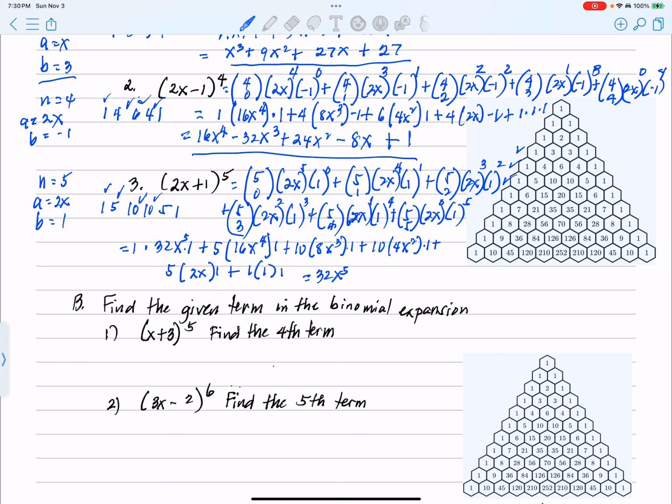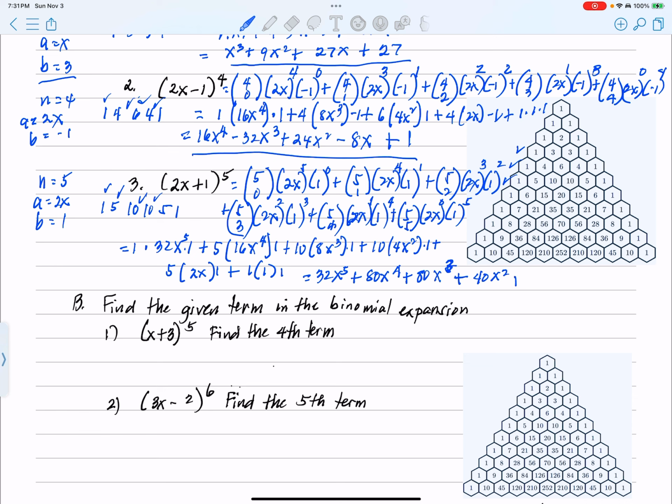That's the first term. 5 times 16, that is 80, x to the fourth. 10 times 8, that is 80, x to the third power. Plus 10 times 4, that's 40 x squared.